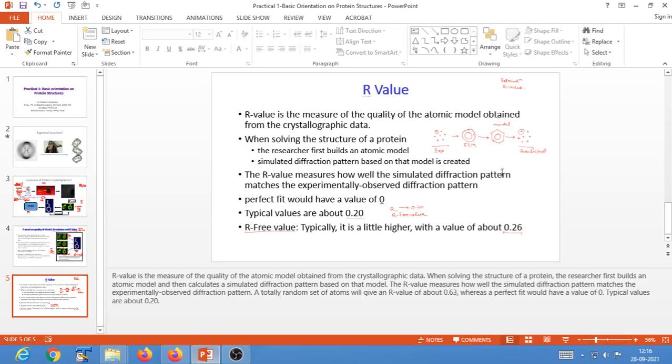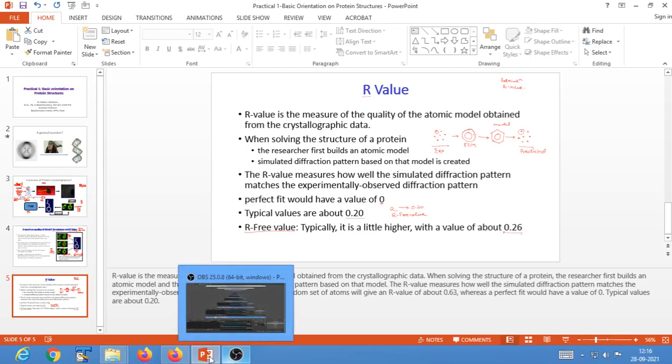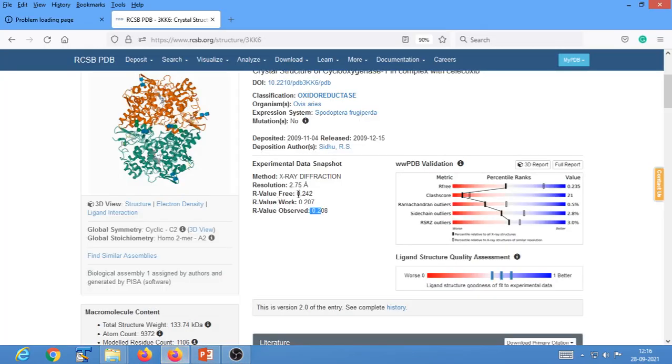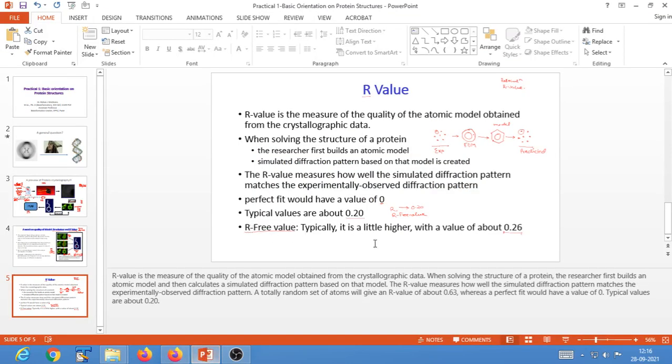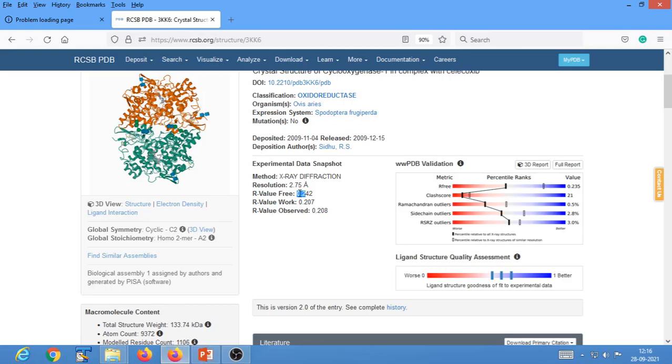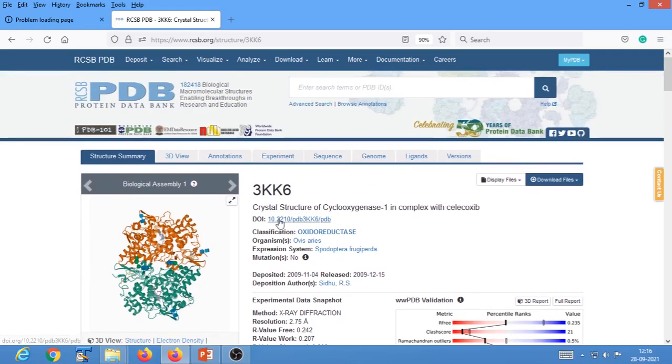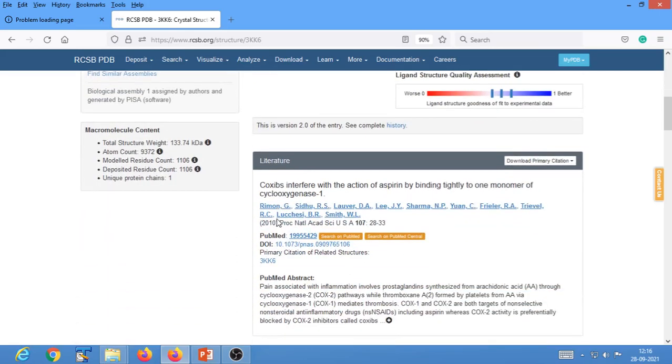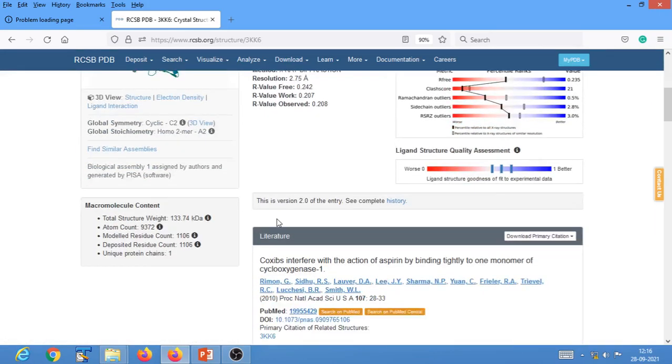Look, it fits very well. 0.20 or 0.26 is also good. The R free value is 0.2. What was our criteria? The R free value should be lower than 0.26. Over here the R free value is 0.2. Based on the R free value and resolution, you are supposed to determine the quality of this particular model.